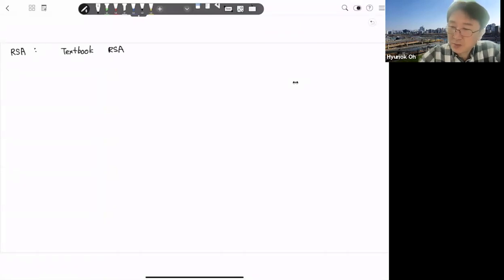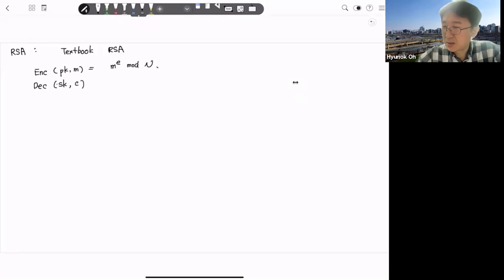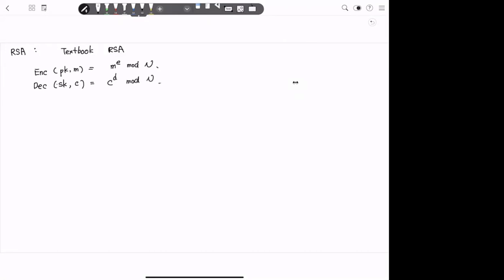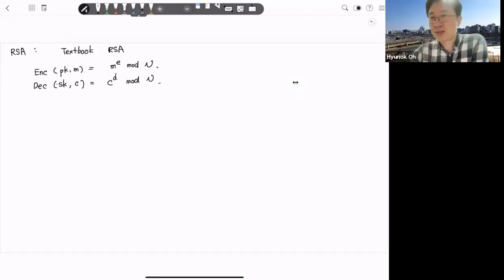So the encryption algorithm, using the PK for the message M, is M to the E mod N. That's encryption. And decryption is C to the D mod N. So this is deterministic.